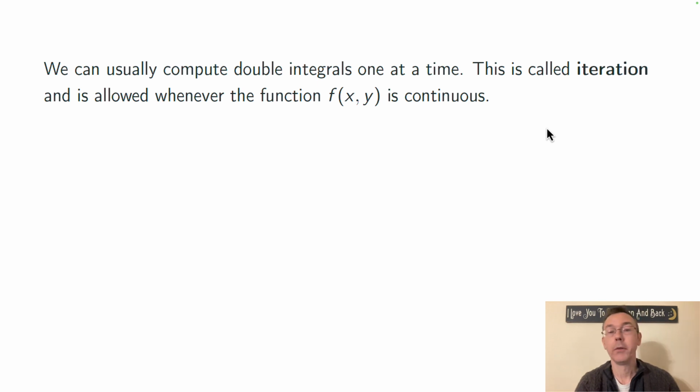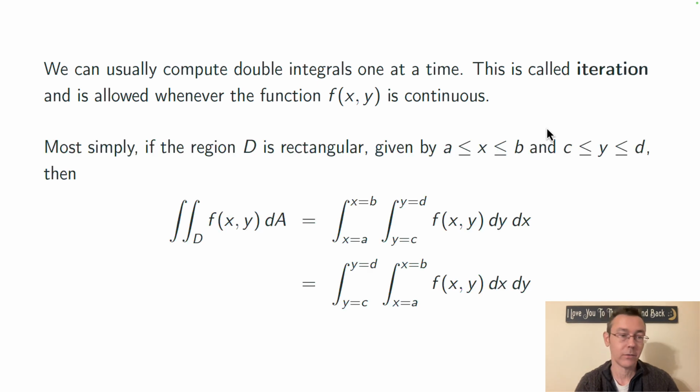Oftentimes we can compute double integrals one at a time, and that's called iteration of integrals. It's permissible whenever the function f is continuous. Most simply, if you have a rectangular region given by x in the range a to b and y in the range c to d, you can do the double integral just by doing one integral followed by the other.